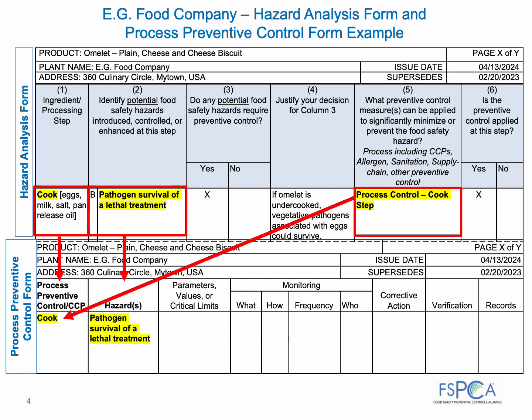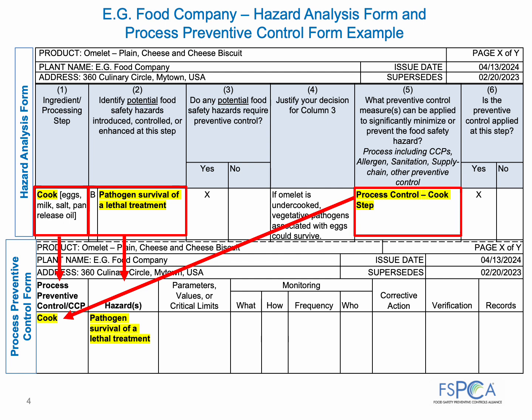The food safety team determines and lists the parameters, values, or critical limits, the minimum or maximum values associated with the parameters, for the controls for each hazard, all elements of monitoring, any corrective actions to be taken when deviations from the critical limit occur, the verification procedures, and records in subsequent columns.